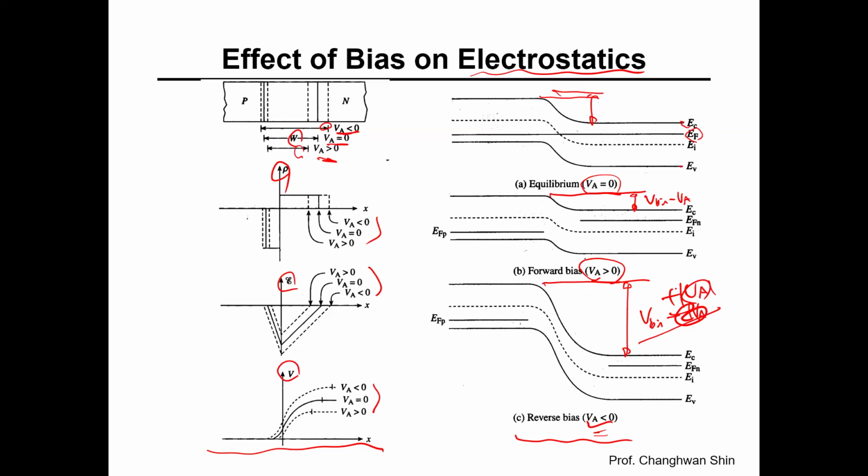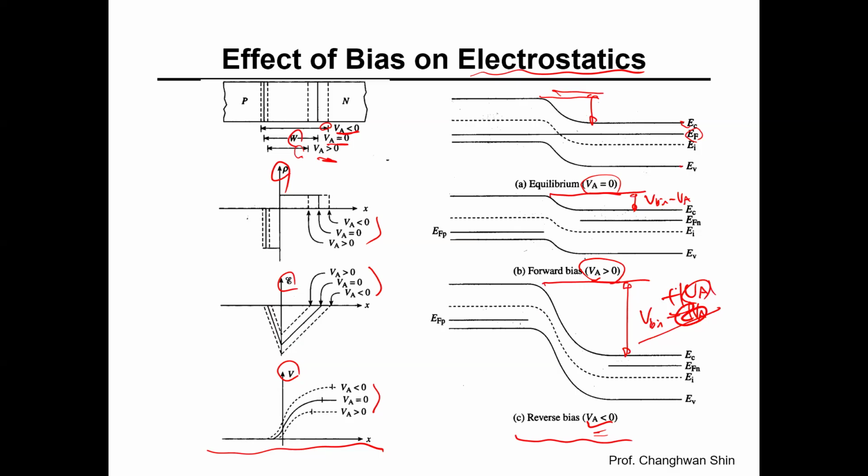So forward bias reduces the depletion width and barrier height, allowing more current to flow as carriers can more easily overcome the reduced barrier. This is why diodes conduct well in the forward direction. The reverse bias increases the depletion width and barrier height, severely restricting current flow.